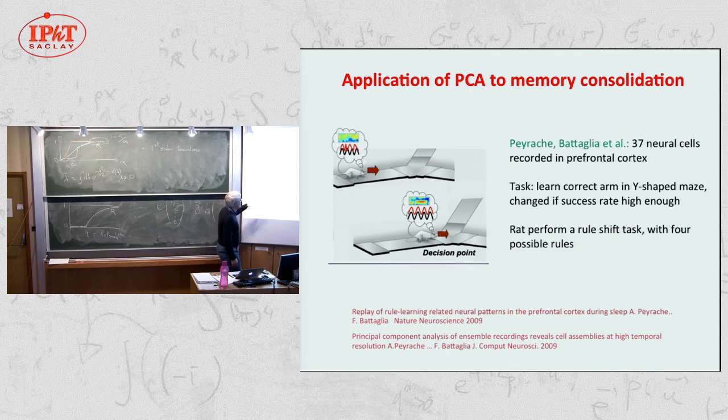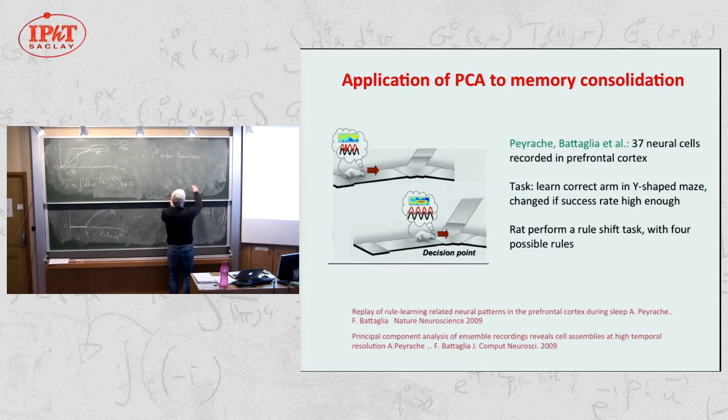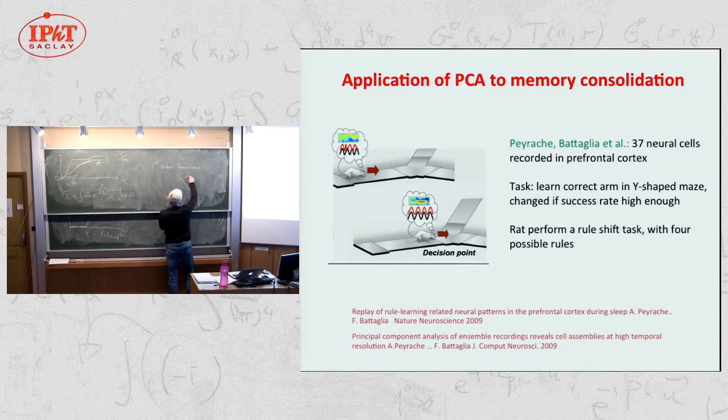So what are the tasks? The rat is moving in a maze, which is a Y-shaped maze. Maybe I can draw that again. So this is the Y shape. The rat starts here, this is the starting point, and then it has to learn a rule.